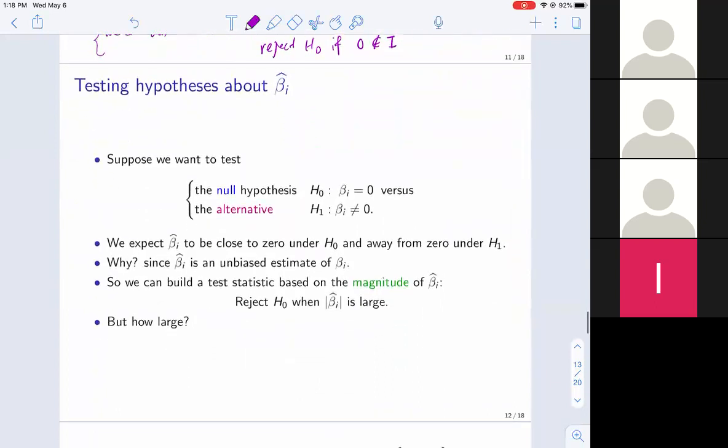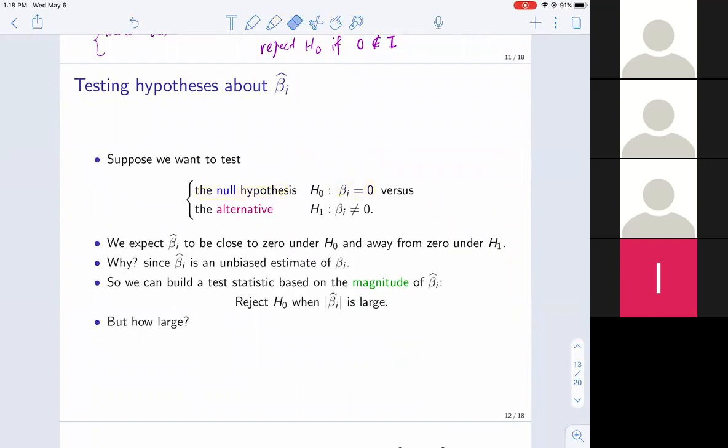So suppose you want to test, hopefully people know what hypothesis testing is. That's one of the basic problems in statistics. I have a null hypothesis, which usually looks like something like this. I have a hypothesis about the regression coefficients. For example, I have a guess that beta I is 0. I want to test whether that's true or not.